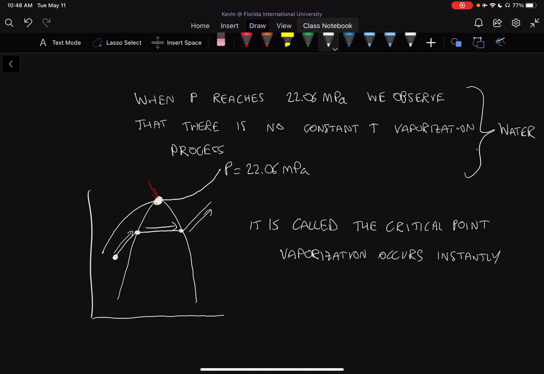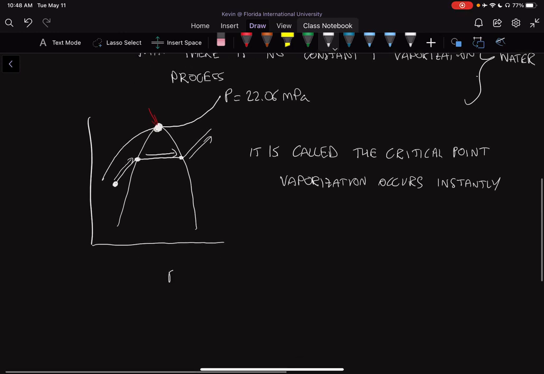And this critical point for water has a critical pressure equal to 22.06 megapascals, which we've already talked about, which is a very, very high pressure.